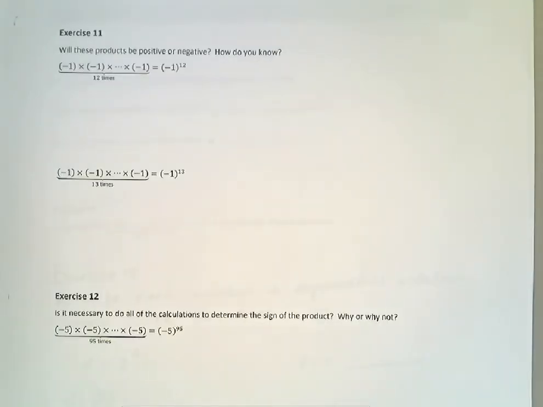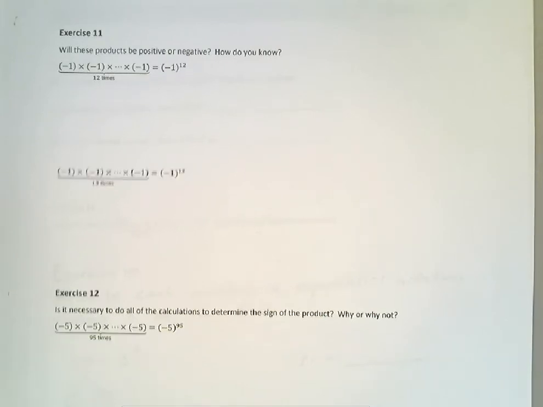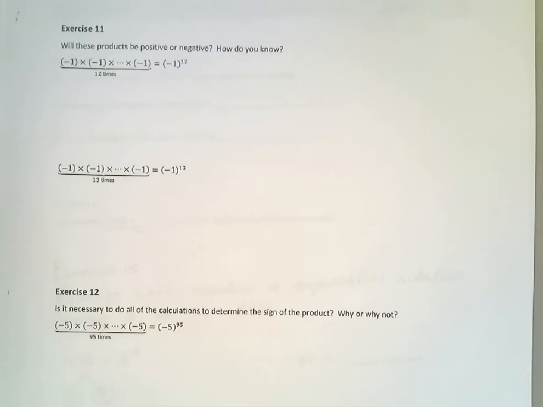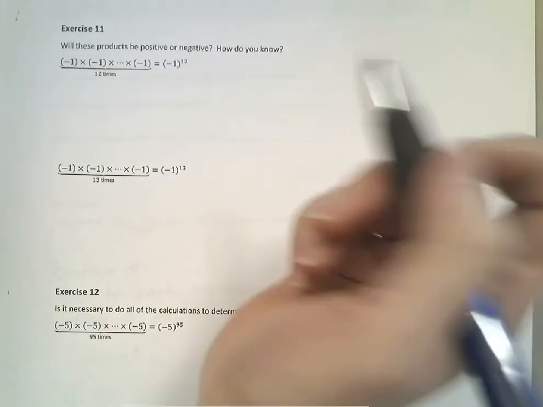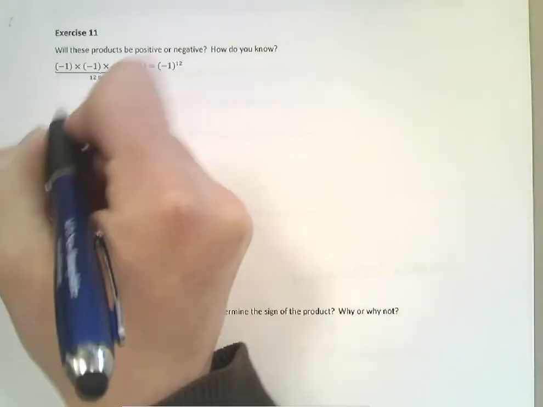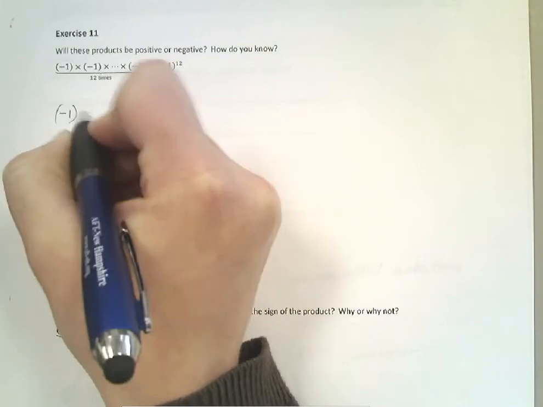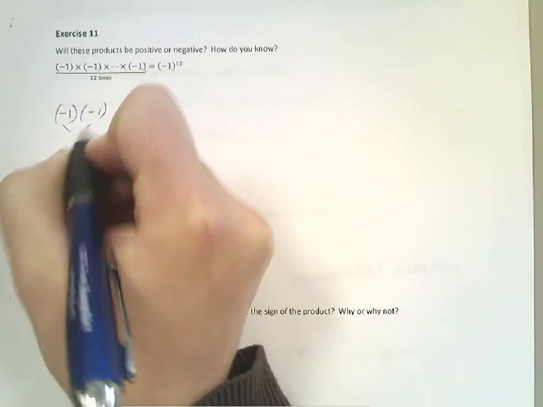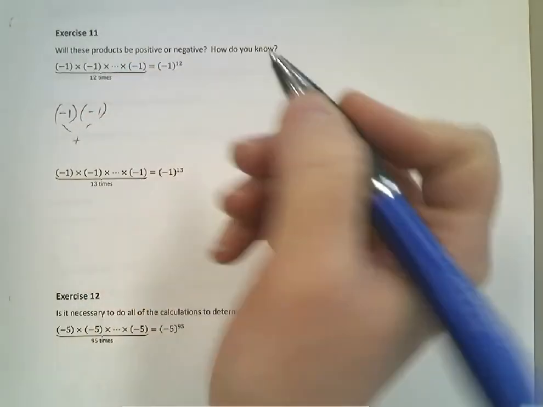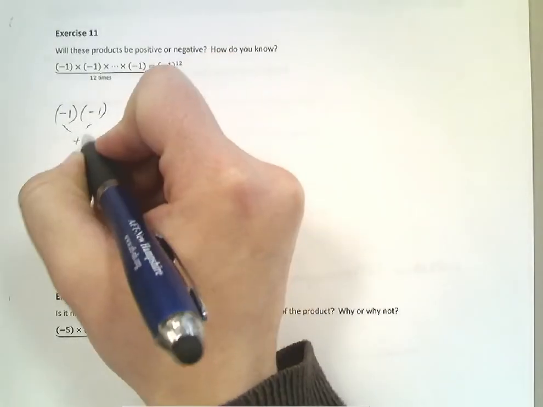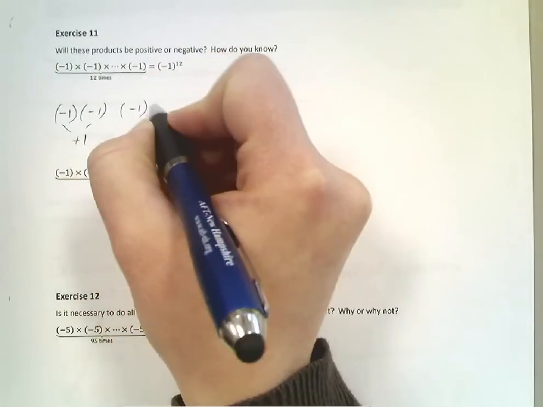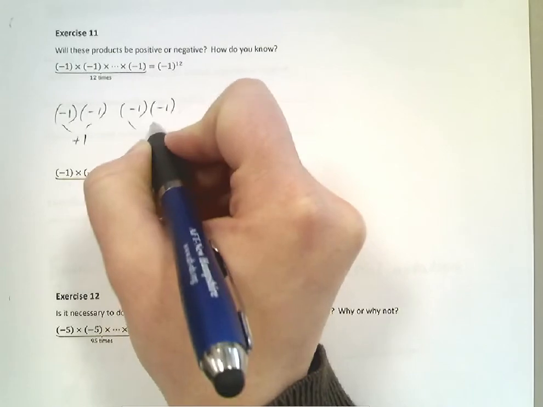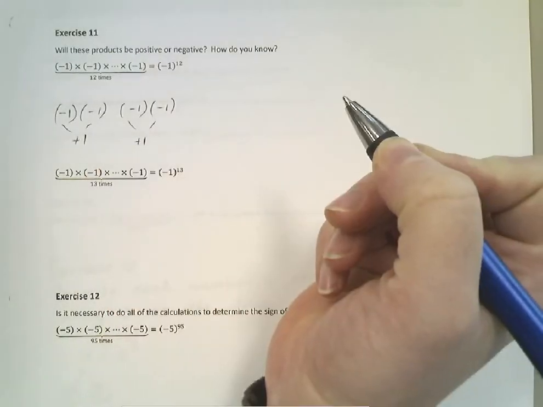So, will these products be positive or negative? How do you know? All right, so we are going to look at it this way. I'm going to rewrite -1 times -1, and that is going to be +1, right? And then I have another group of -1 times -1, and that is also a +1, right?